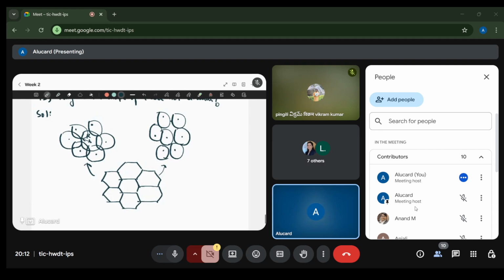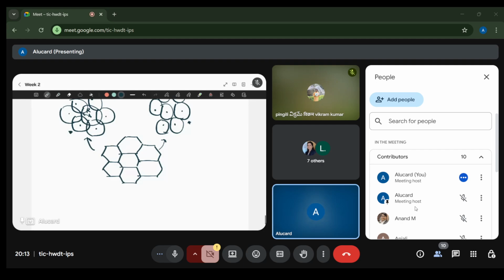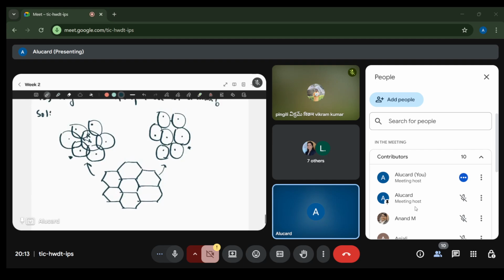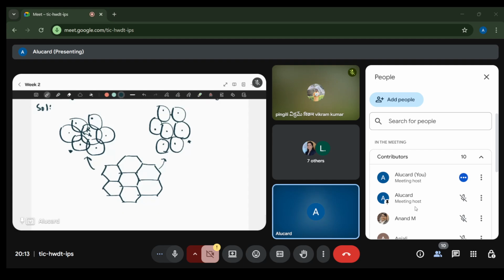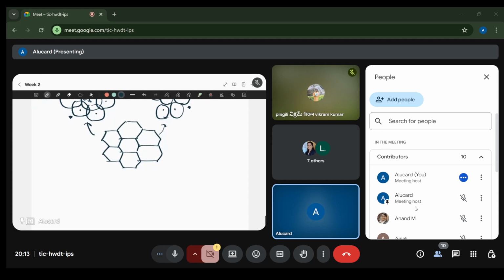This has some disadvantage. This one has some other type of disadvantage. You look at the options and see which disadvantage is present in circular cells. Just from the diagram, you'll know.